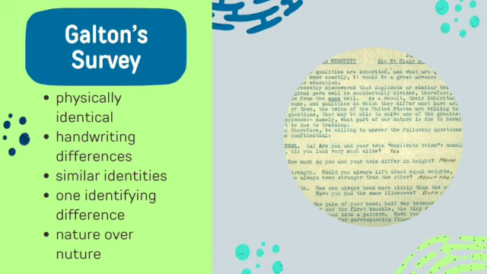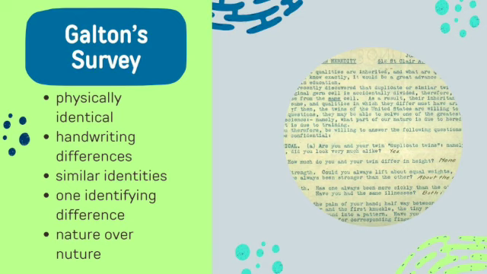One of the main differences that he was able to identify was between the handwriting of twins. Twins who are physically identical, I guess, manage to have different handwriting more often than not, despite their physical similarities.